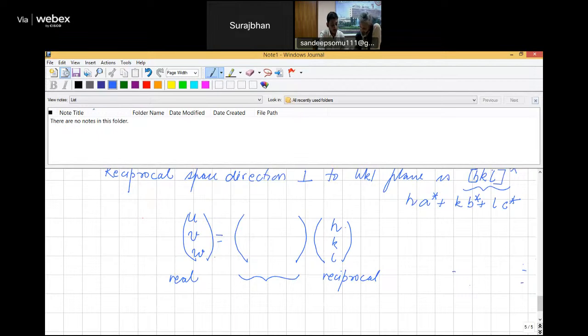If you work this out, it looks like it's going to be a very complicated matrix, but this matrix is nothing but the G inverse matrix, or the G star matrix. That is reciprocal. So this is a coordinate transformation.